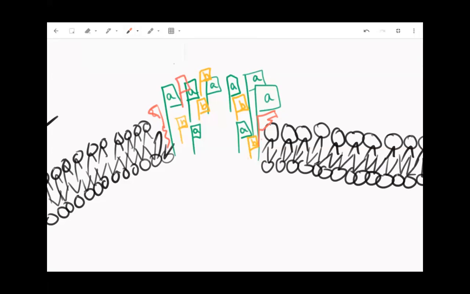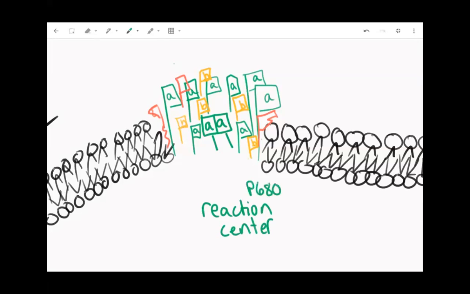helpers in there. And then I want to go back to our chlorophyll A again and talk about our two really special ones, two chlorophyll A molecules that are known as our reaction centers. Our reaction center for photosystem 2 has its best absorption at 680 nanometers.